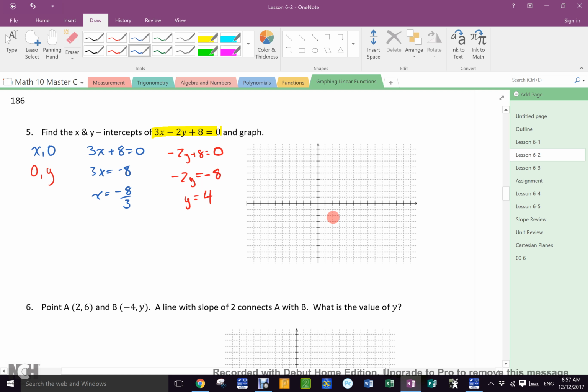What would I do? Solve the problem, guys. Talk to your neighbor. Figure it out. How are you going to show me that on this graph? I need a dot at negative 8 thirds. Tell me how to do it.